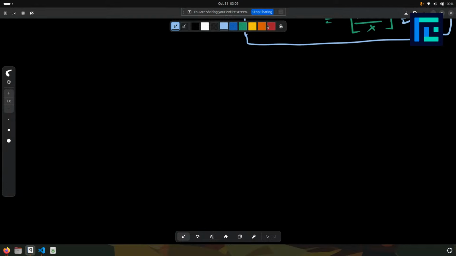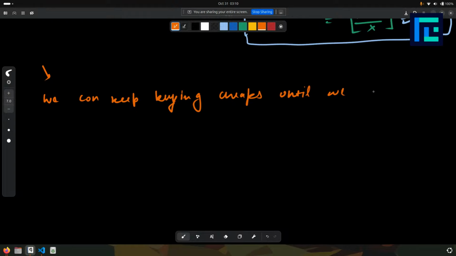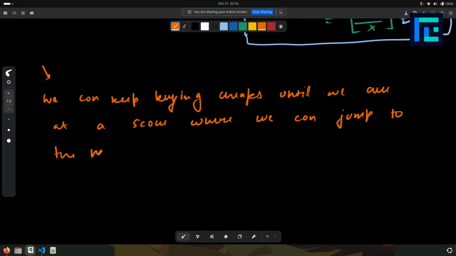What we can do is follow a very simple greedy strategy. We can keep buying cheap items until we are at a score where we can jump to the next score by buying an expensive item.